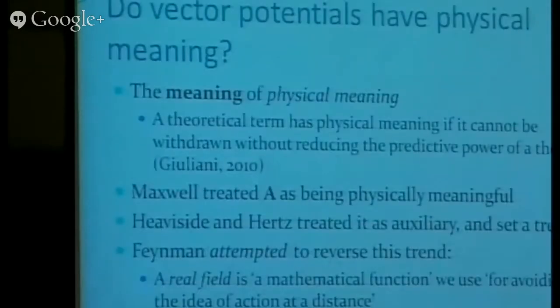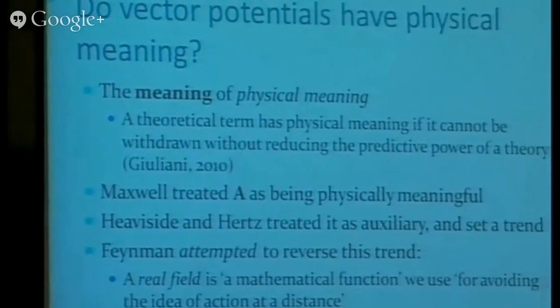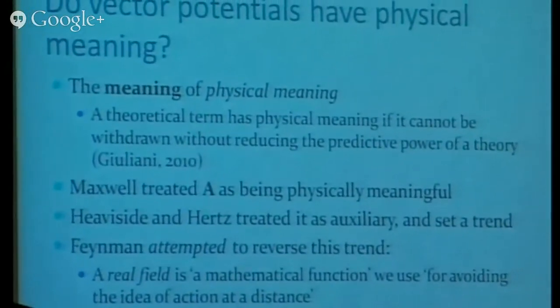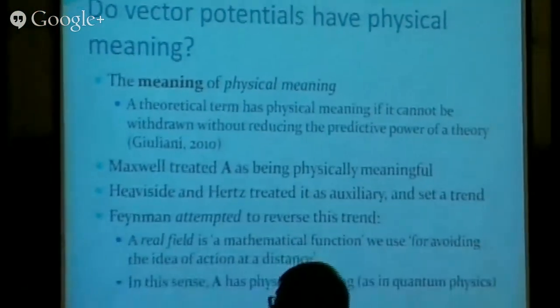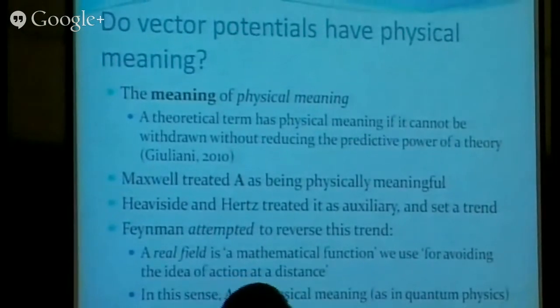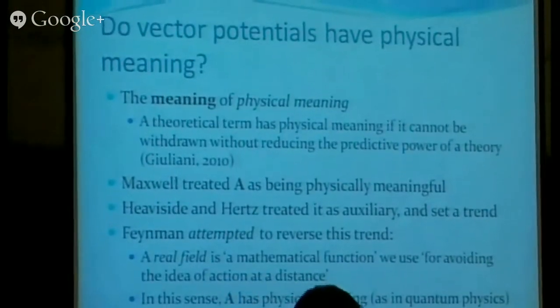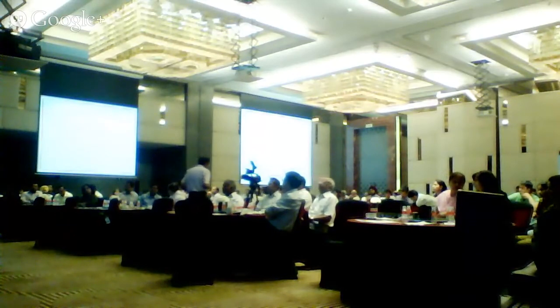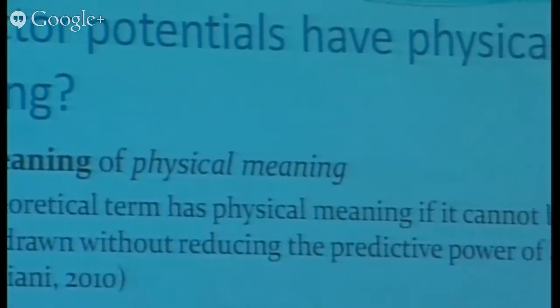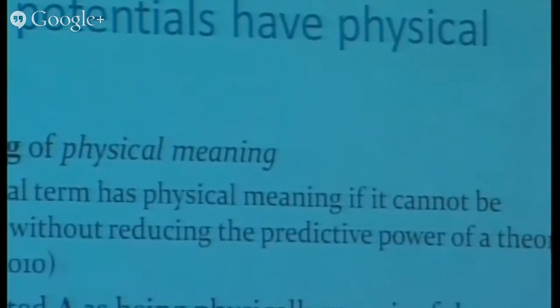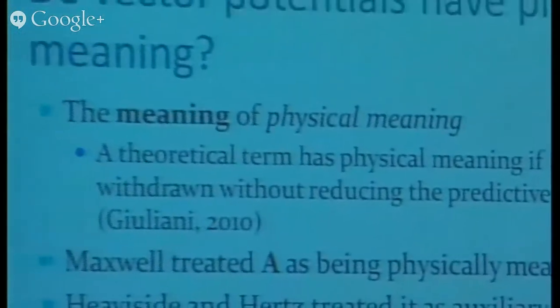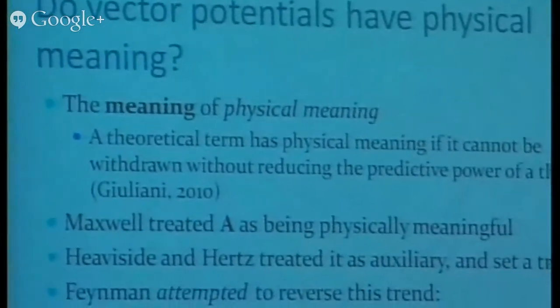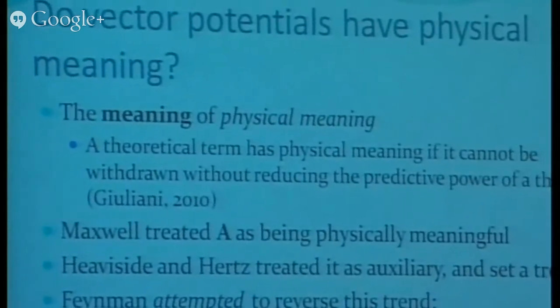Now, what about the physical meaning? Do vector potentials have physical meaning? There are contradicting views, but it is important to define what we mean by physical meaning. If I say that something physically exists only if I can see it, obviously much of electromagnetics doesn't exist. Electromagnetic waves we cannot see, isn't it? So it is important to give a broader definition to physical meaning itself.